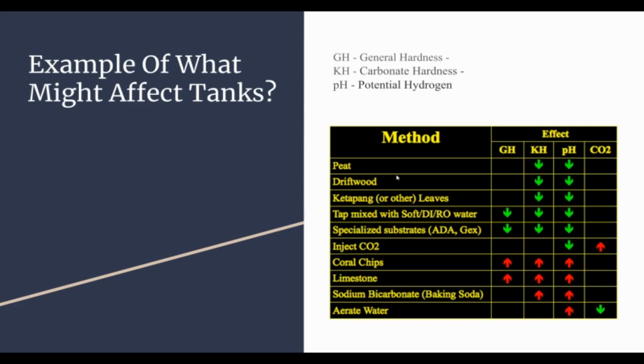But anyway, here's the method to the madness. What raises or lowers pH, KH, and GH? Well, salt water doesn't have a lot of KH in there, therefore it doesn't have a lot of GH, therefore it doesn't have a lot of pH.